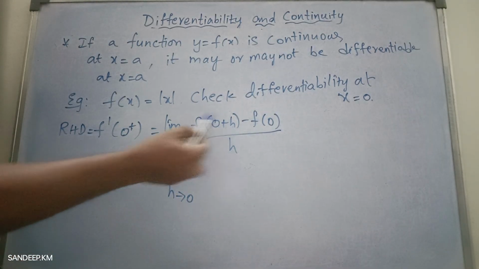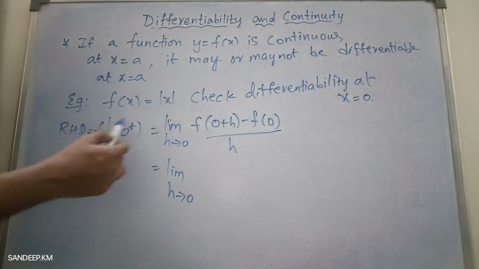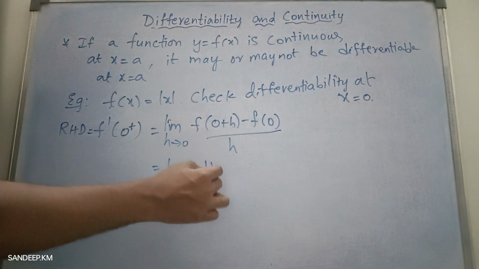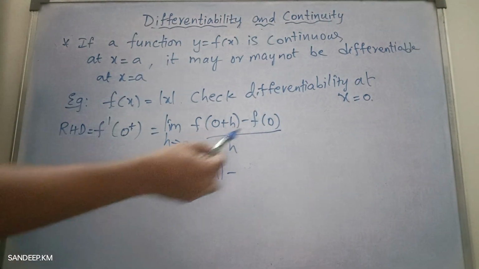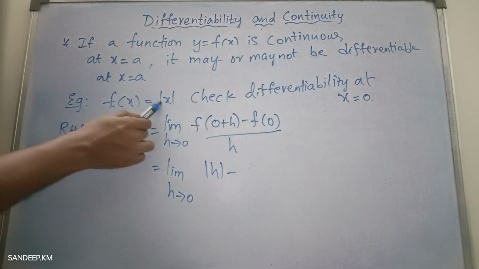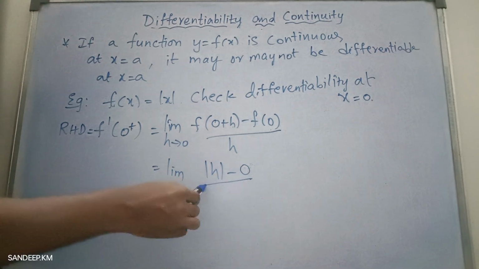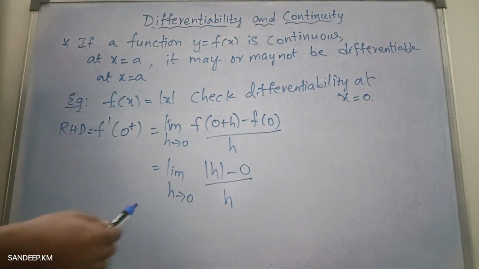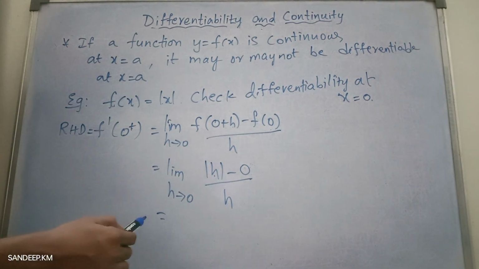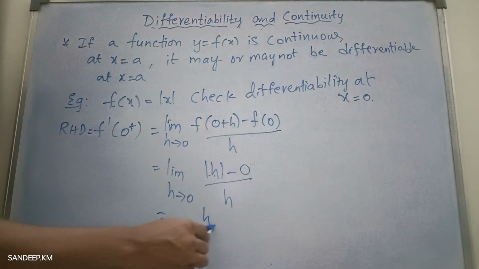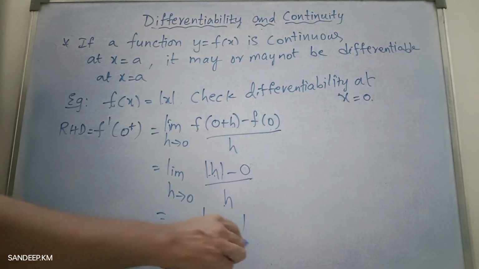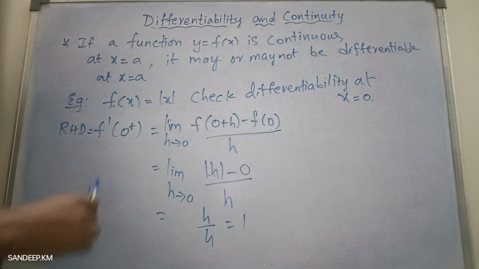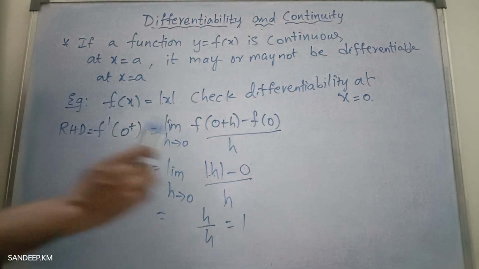What is f of h? If f of x is mod x, then f of h is mod h minus, students, f of 0. f of 0 is mod 0, which is 0, divided by h. So all of us know that h is already positive. So mod h is h divided by h, which is equal to 1. So I got RHD as 1.